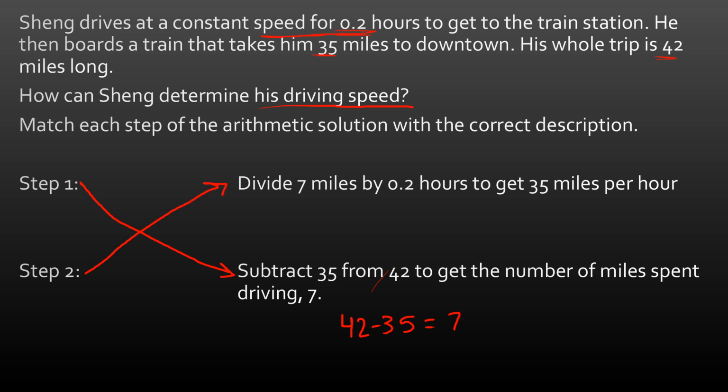Our second step is dividing that 7 miles by 0.2, because this is how long he was driving. And when we divide those, we get 35 miles per hour. So he was driving 35 miles per hour for 7 miles to get to that train station.